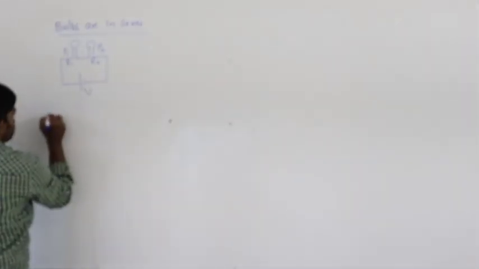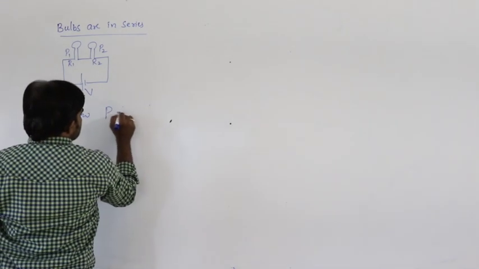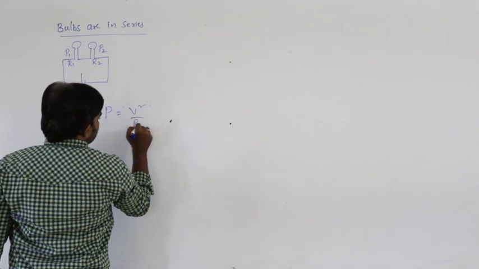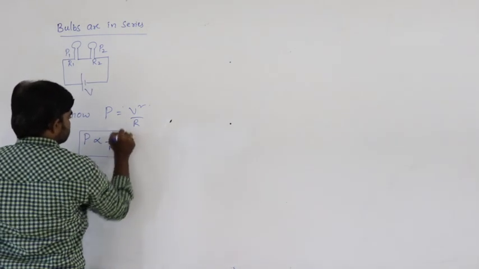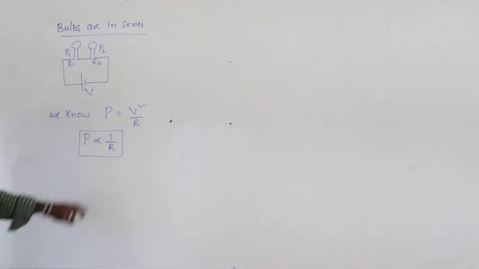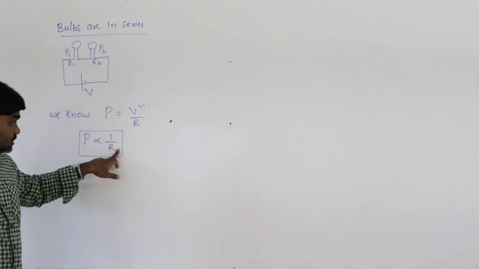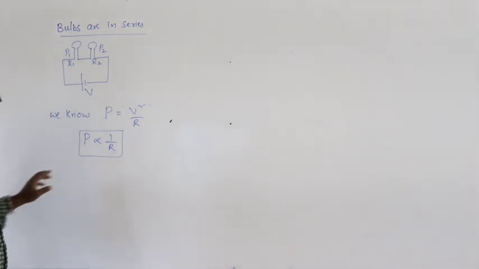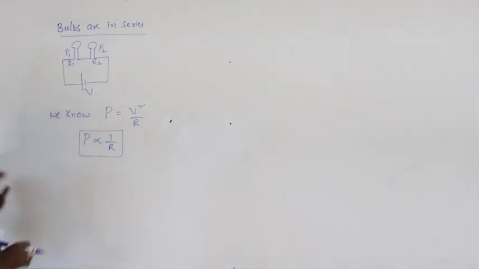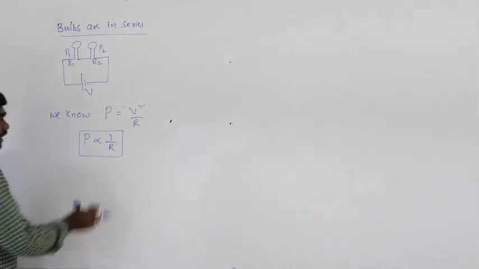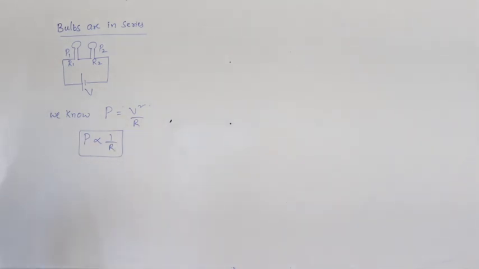We know power is equal to V square by R, so power is inversely proportional to R. If the resistance is less, P is more. If the resistance is more, P is less. So if the bulb has less resistance, the power consumed must be more. If the bulb has more resistance, the power consumed must be less.